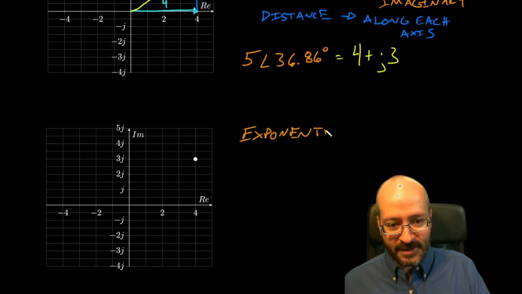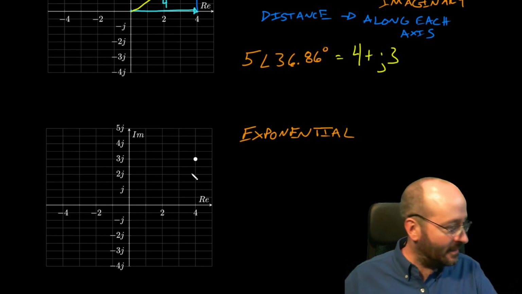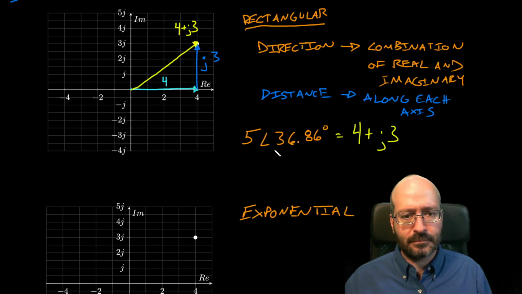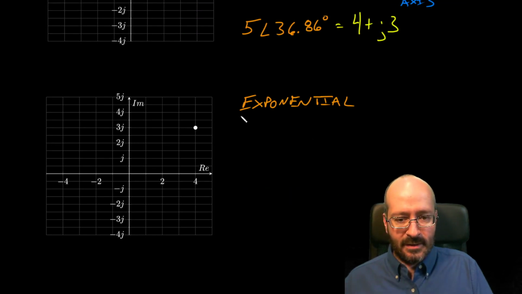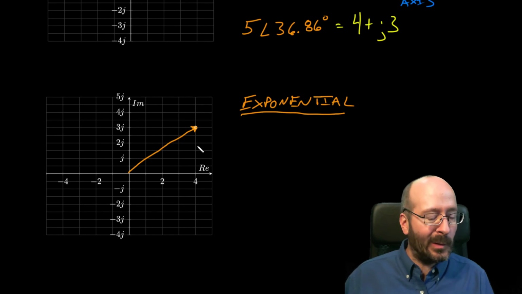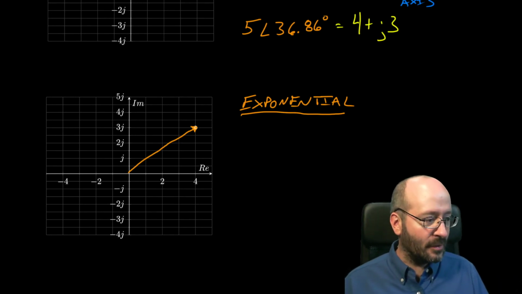So we're still trying to find that one point on this two-dimensional plane. It's going to be this vector that we're trying to represent. We're going to do something similar to polar, but it's going to look at it a little differently. And it's thanks to a Swiss guy named Euler.